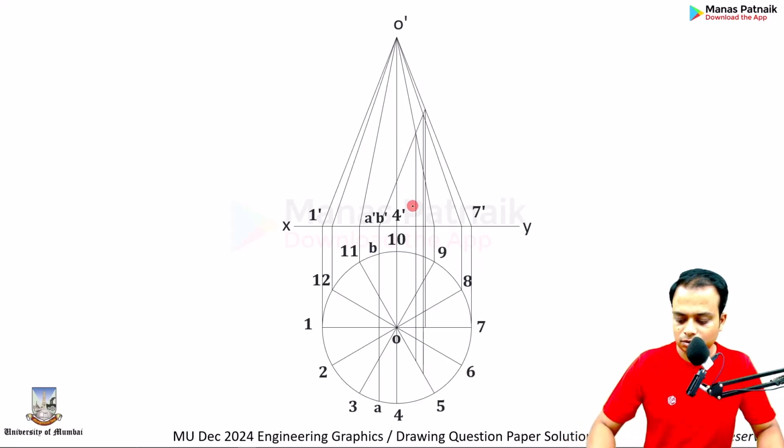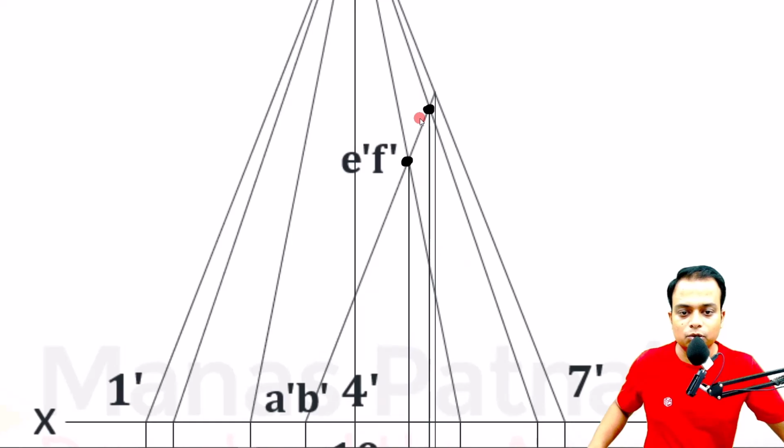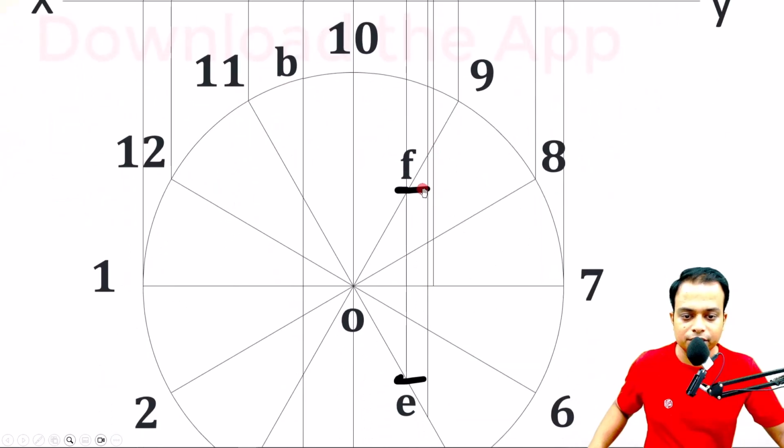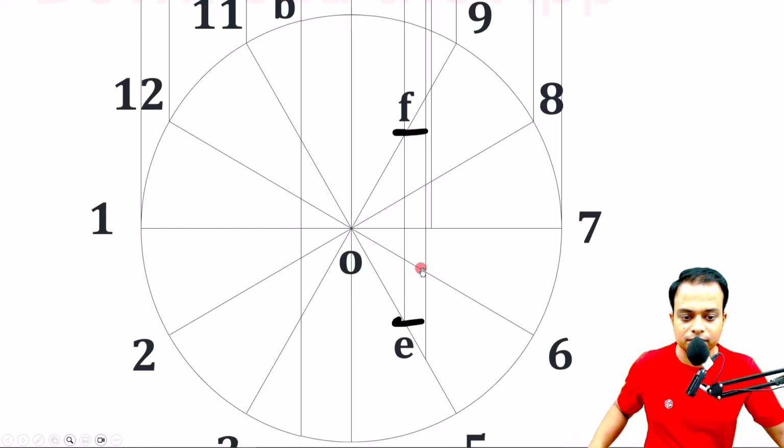So take a look from here. This is going to intersect at 2 locations, right? E and F, E dash, F dash. This over here, again, the 2 lines are extremely close. E, F, G, H, G, H. These 2 locations.